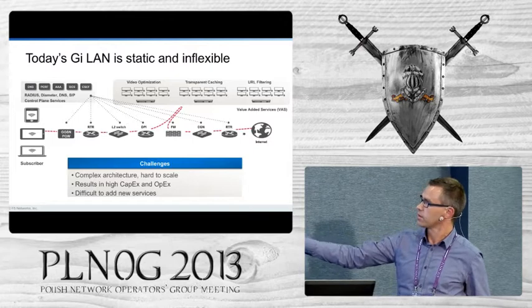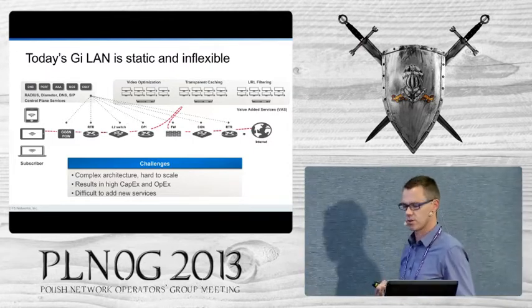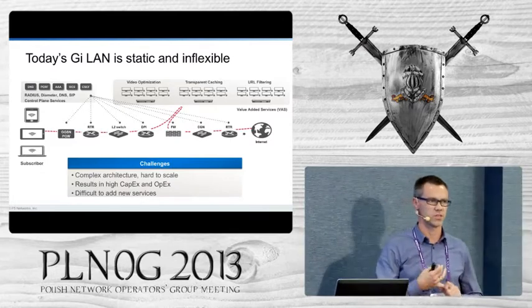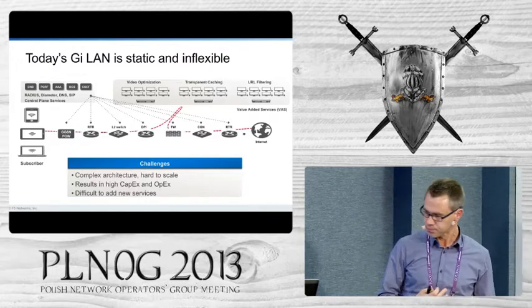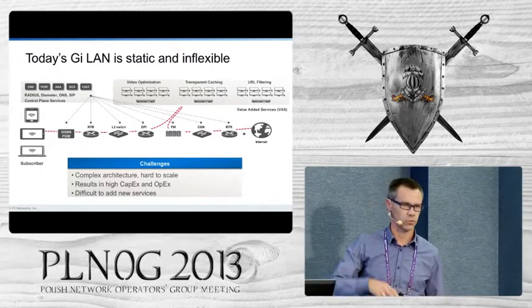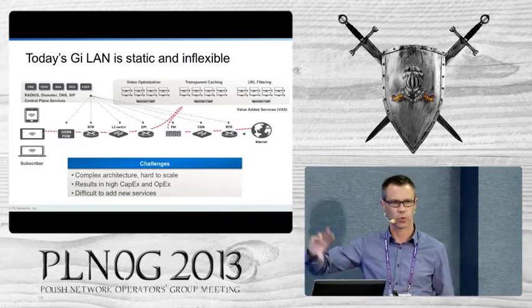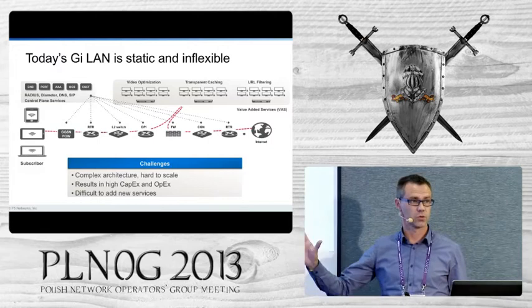The second challenge that operators are coming to us for is this part. Things like video optimization, transparent caching, URL filtering are typically very, very expensive systems in the end-to-end mobile network. Today, most of the operators have fairly static policies where, for instance, you just forward all port 80 traffic into a video optimizer farm. Same thing is done for transparent caching.